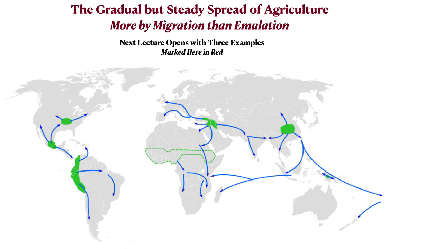That's important for demography, again, because the population of agriculturalists is going to be much larger, so this is really increasing the human population over most of the world over a long period of time. The lines here show some of these pathways. And at the beginning of the next lecture, I'm going to look at three of these in a little more detail, and you can see this on the map. I'll put it in red.